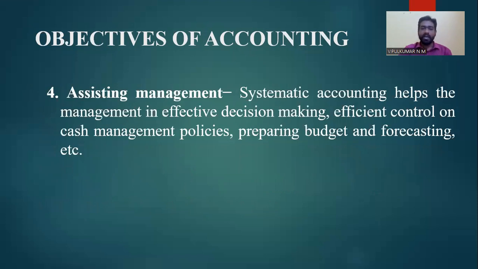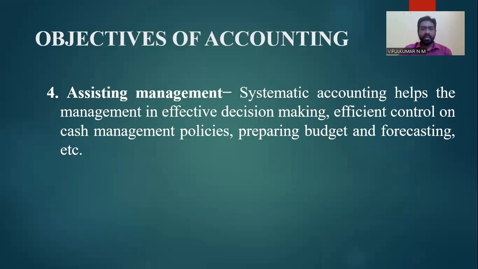The fourth objective is assisting management. The systematic accounting helps the management in effective decision making, efficient control on cash management policies, preparing budget and forecasting. Management wants to take decisions based on the financial results and the financial statements. They should understand and interpret the financial statements so that they can take adequate decisions for the organization.